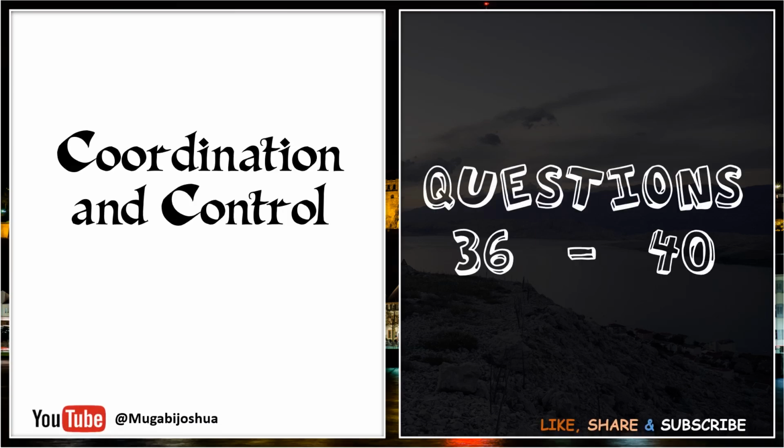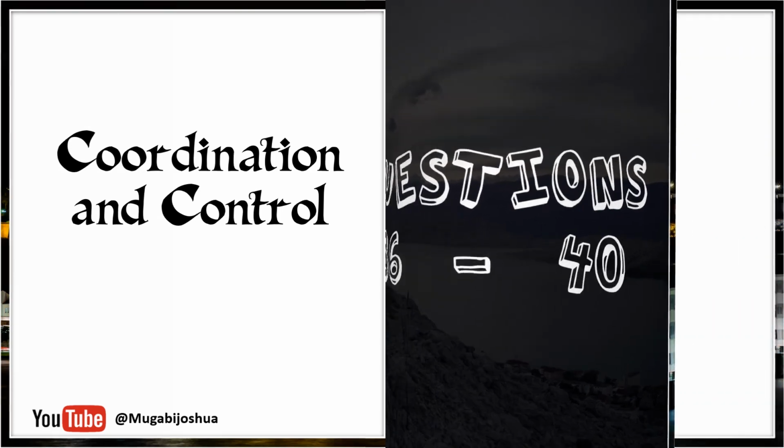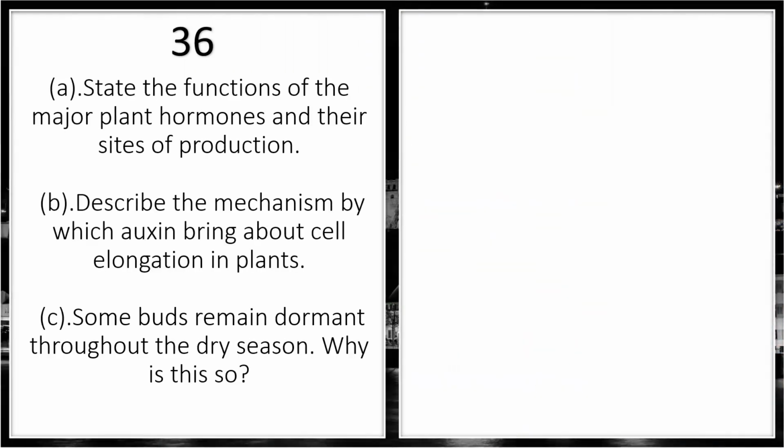I welcome you to Coordination and Control, questions 36 to 40. Question 36. A. State the functions of the major plant hormones and their site of production.